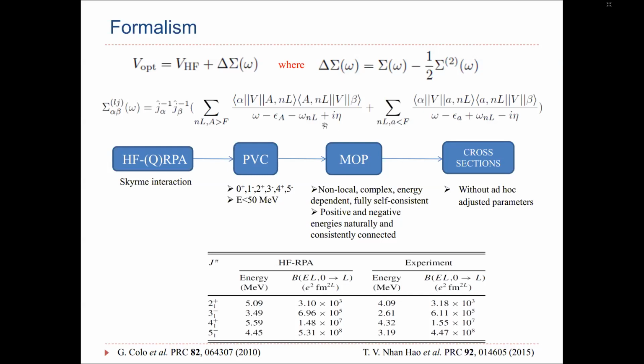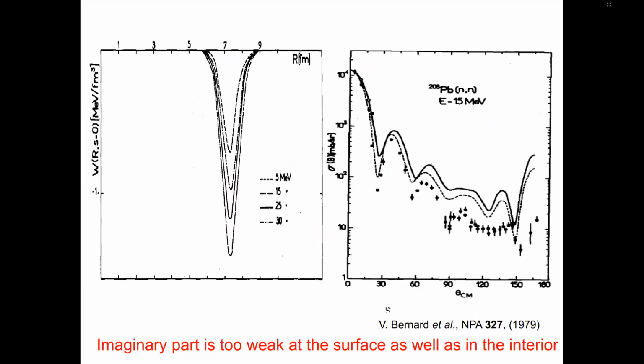And when I got this idea, thank you very much to Gianluca Colo and the Milan group, who provided me their code, which is called the particle vibration coupling code, which at that time was very performant. And then based on their work, I can develop the microscopic potential. And when I was in Paris, Van Dijk told me that this is their own result.